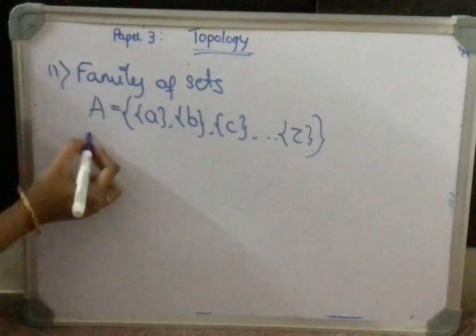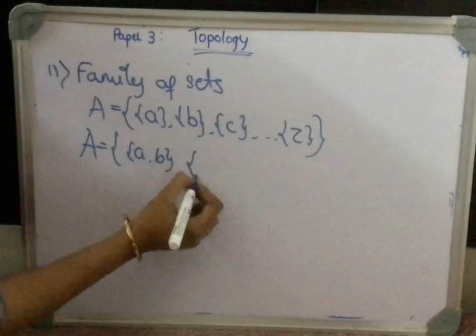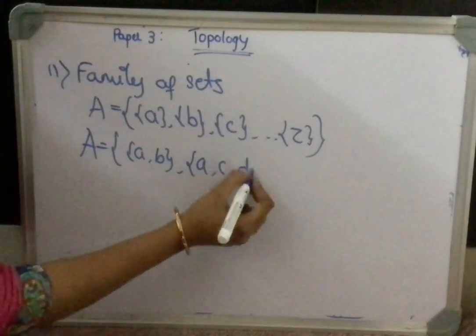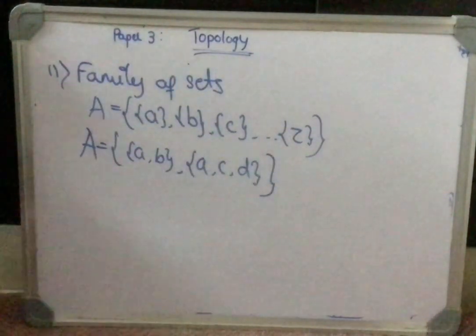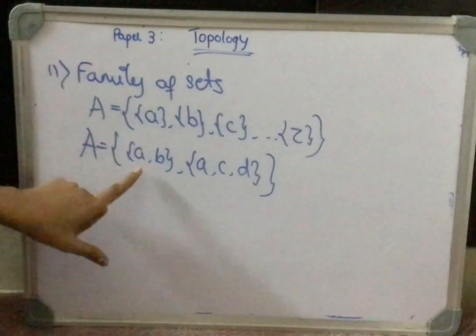Okay, it's a family of sets. One more example I'll give: AB, ECD. Okay, so this is a family of sets because all the elements in the set are also sets.